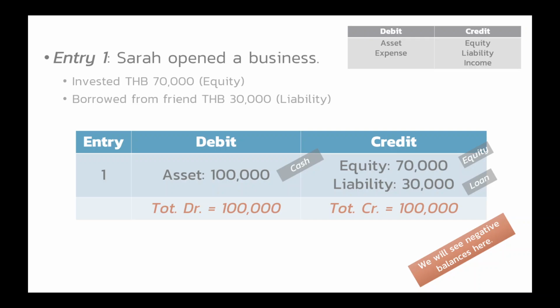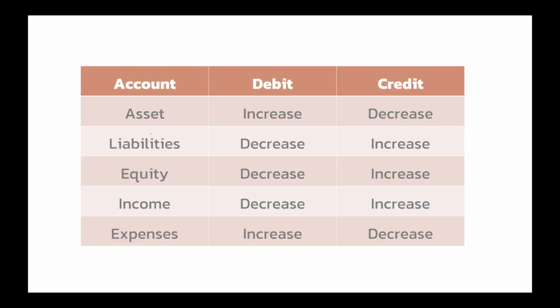So how do we record this in our double entry accounting? As I told you, there have to be two sides, and the two sides have to balance. The first thing is equity.